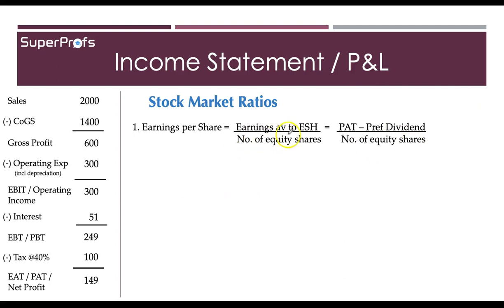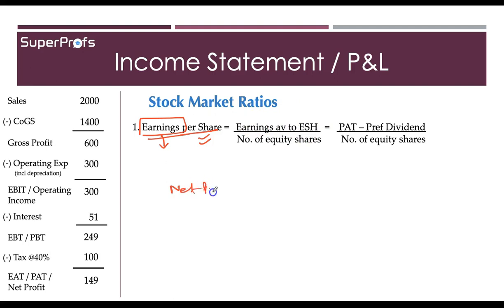Coming to the first ratio, the very first ratio is earnings per share. All right. Now, what does this mean? This means that for the equity shareholders, what will be the earnings available, divided by the total number of equity shares. You remember that in our appropriation of profits we had studied earnings available to equity shareholders.